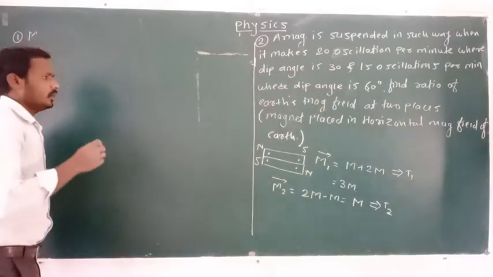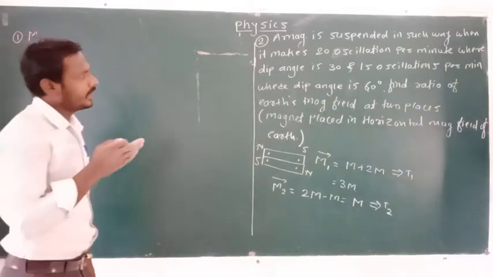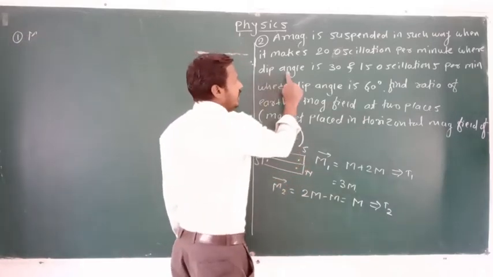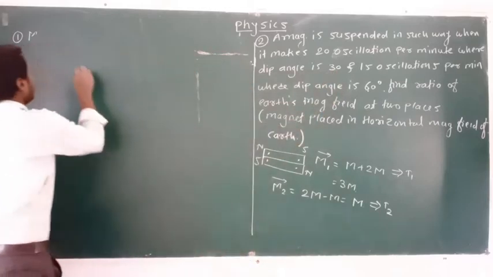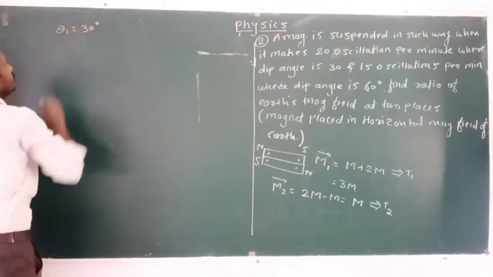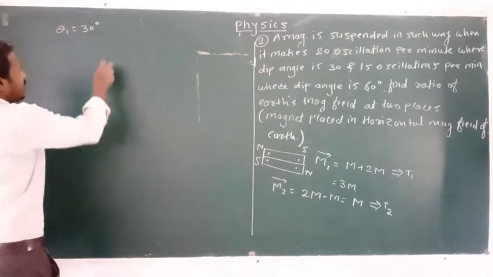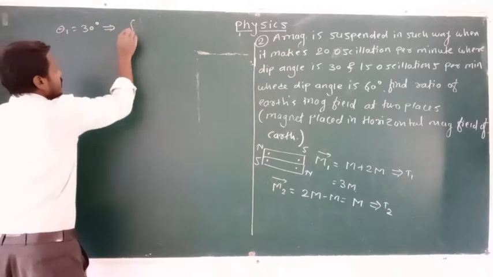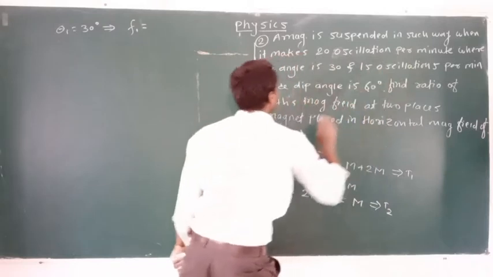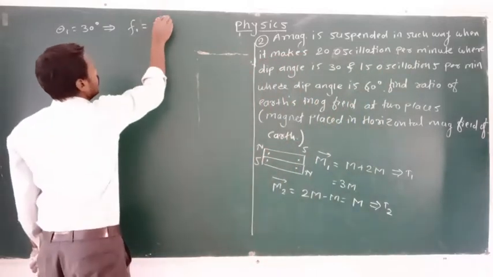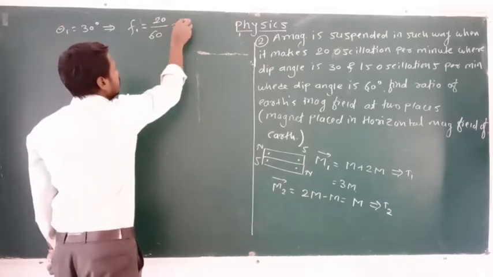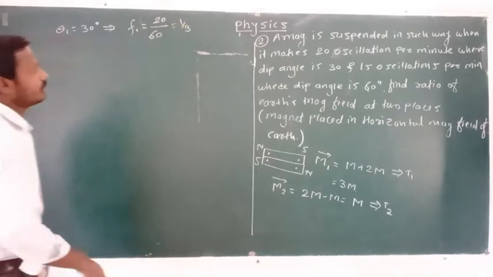It implies that whenever the bar magnet is kept in a place in a uniform field at which dip angle is 30 degree, that is, we can write theta 1 is equal to 30 degree. At that time the frequency is given, it makes 20 oscillations per minute. Then we can write F1 is equal to 20 divided by 60, converting that into seconds, simplifying that.